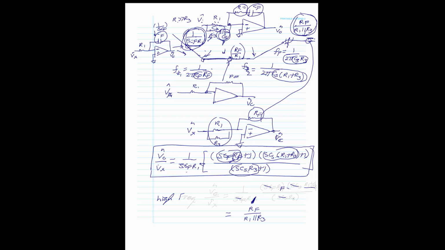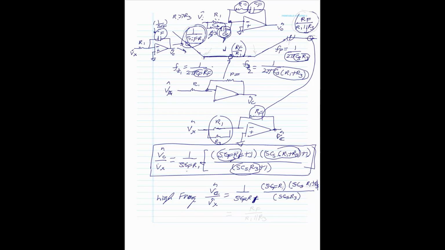we'll pop this in here at high frequency so you can see it very quickly. You can see you have S CF R1, and you have this is S CF R1. Remember, that's much greater than 1. That's CS (R1 plus R3). Okay, remember there's no plus 1 because it's greater than 1, and we have the last one, S CS R3, and that's it.